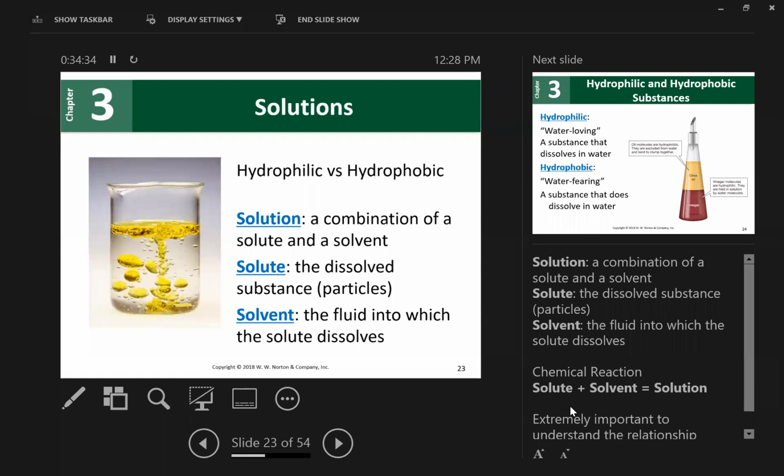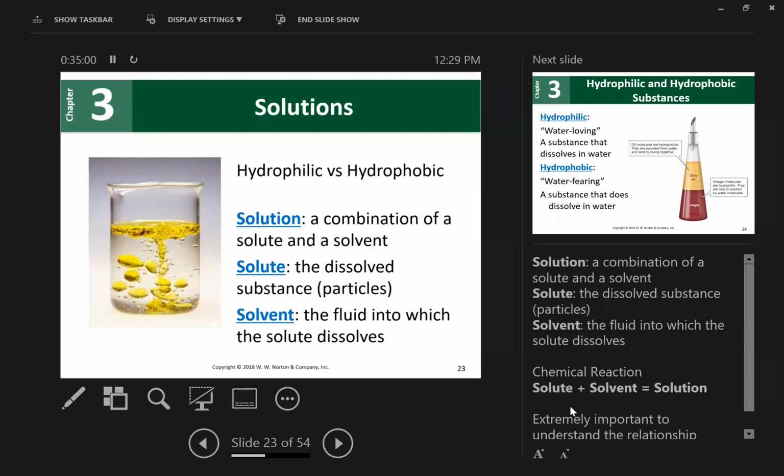Your solute is going to be the particles that dissolve within a substance. So if we look back at the last slide, your solute is your salt. Your solvent is the liquid into which the solute dissolves. So the solvent is the water. So you have your solute, what dissolves into water.